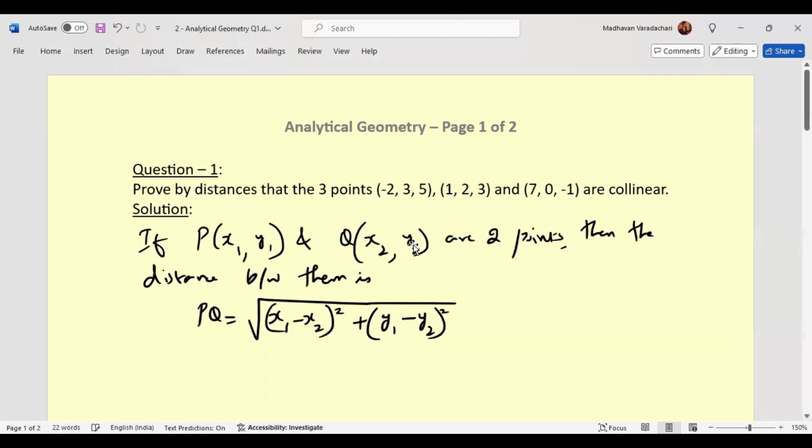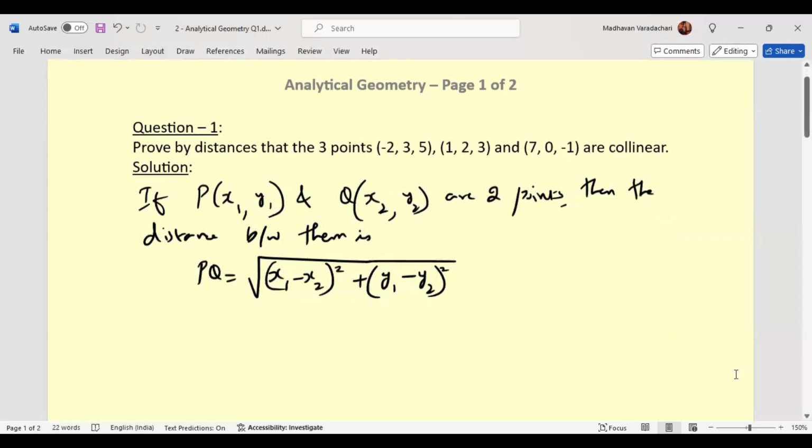So here, this is a three-dimensional point, so that will be an extension of this.